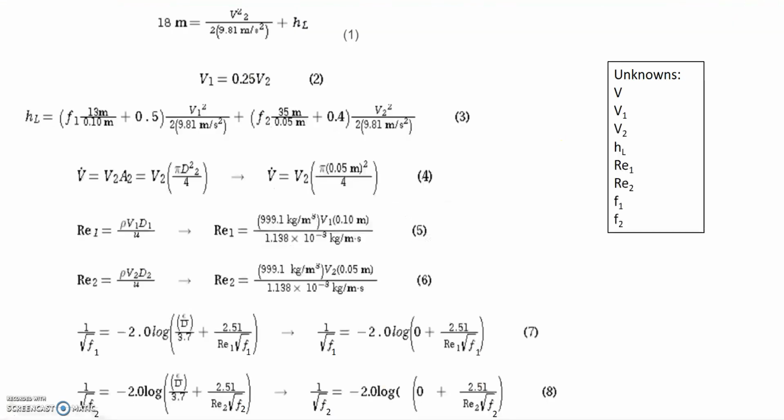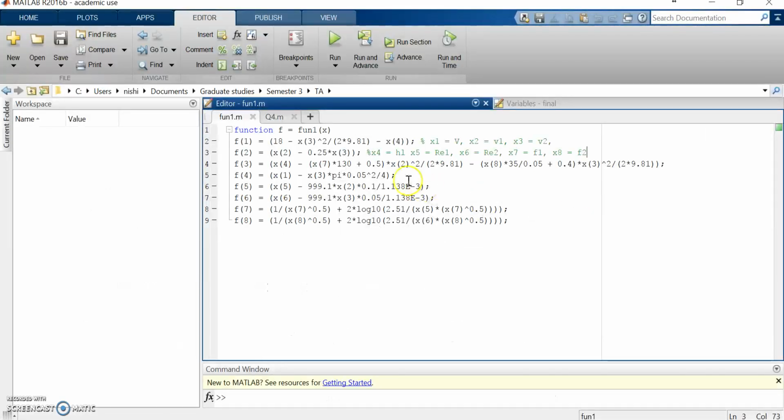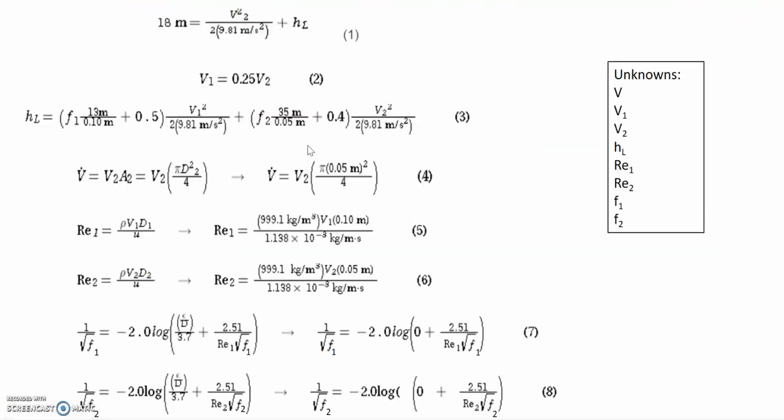So for my system of unknowns over here, this is x1, x2, x3, x4, x5, x6, x7, and x8. So basically, this was F1, where we wrote 18 minus V2 squared by 2G minus HL.